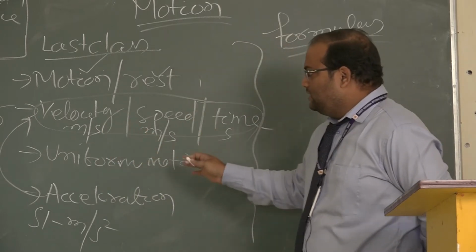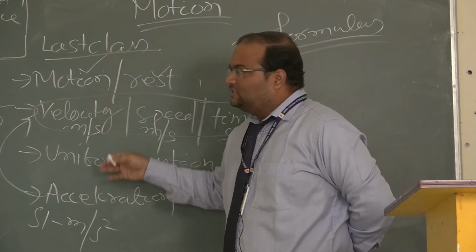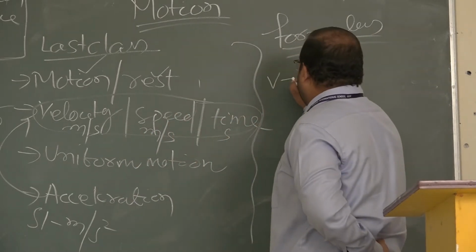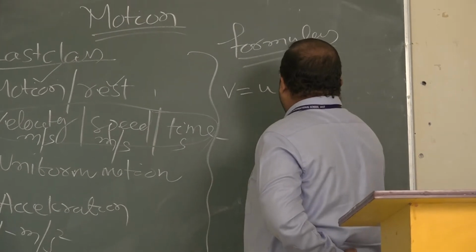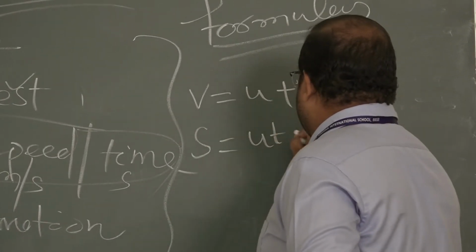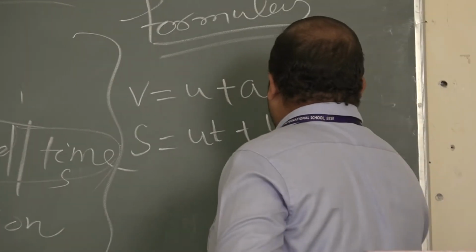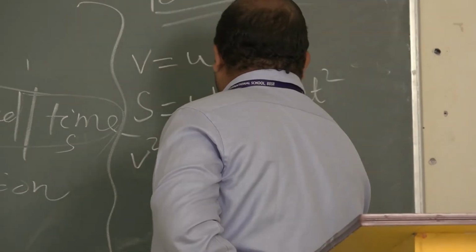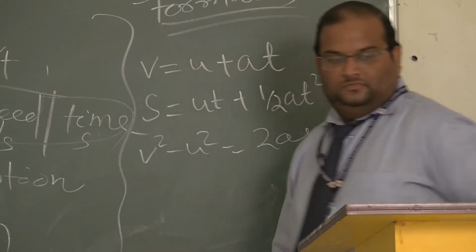For problem solving related to this topic, there are three major formulas. One is v = u + at. Another one is s = ut + ½at². Last one is v² − u² = 2as.